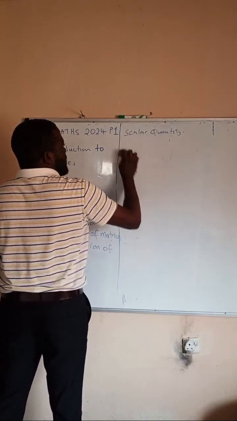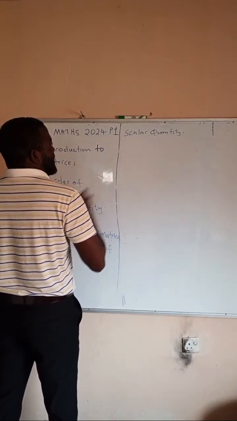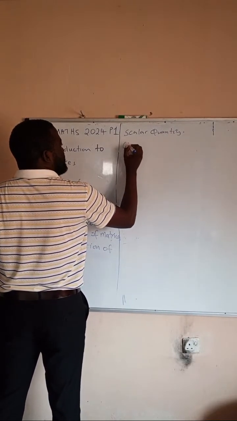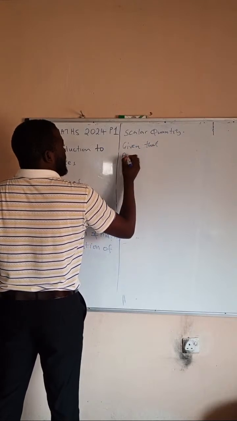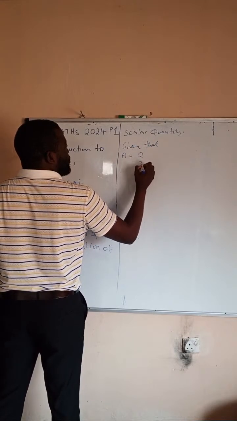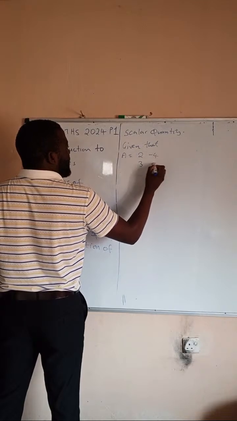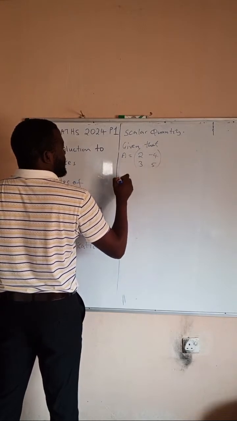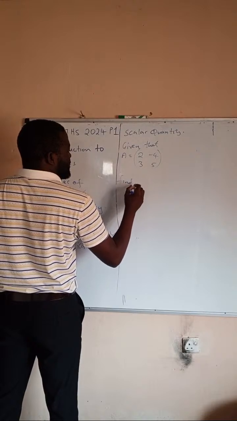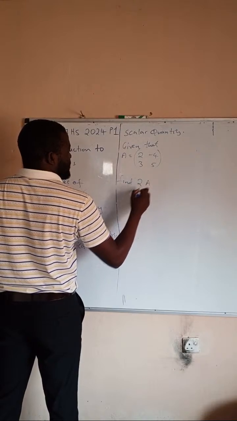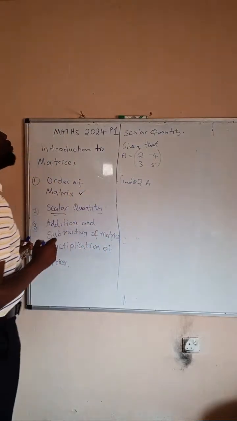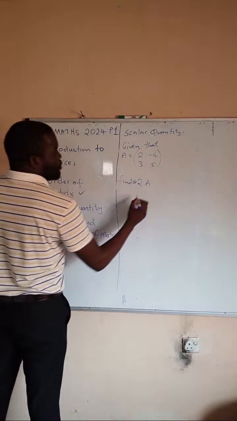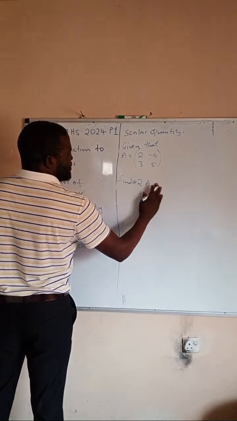Say, for example, given that A is equal to 2, 3, negative 4, 5. Find 2A. That is question 1. Question B is, find negative 3A.